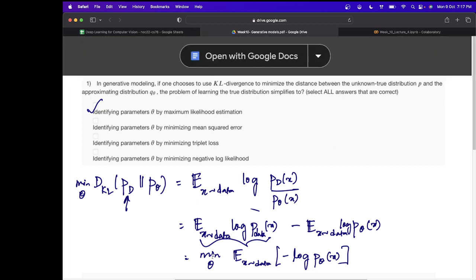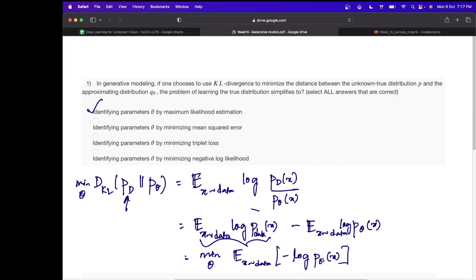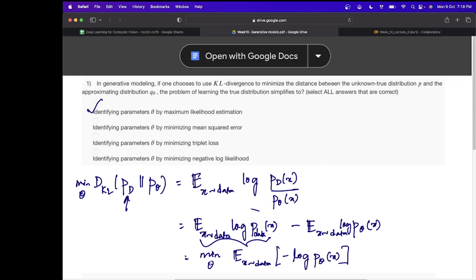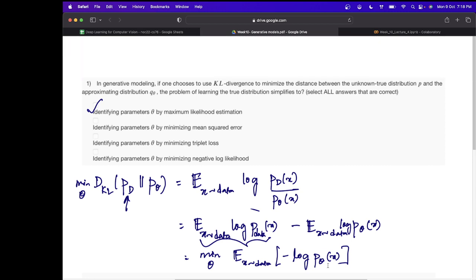What does that mean inherently? You are trying to minimize something negative, which points to a maximization. If you take the minimum and the negative together, this becomes maximization of the expectation of log of P theta x.